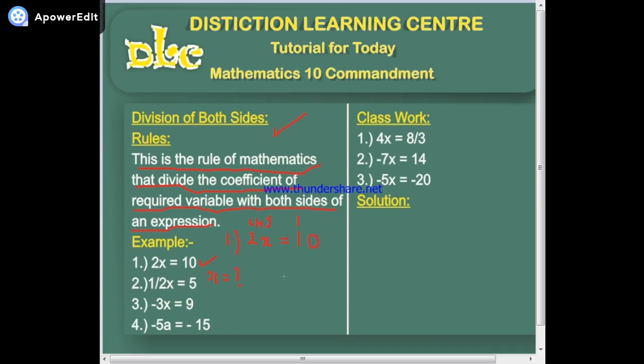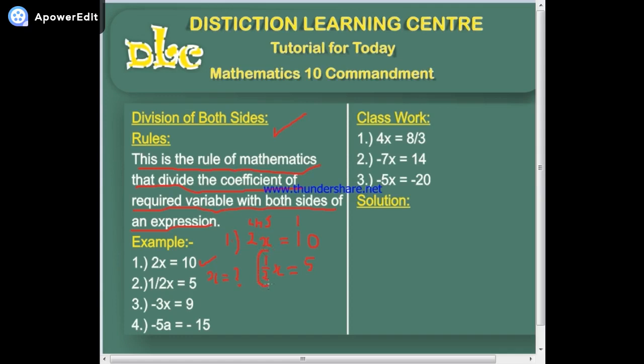The question is 1 all over 2x equal to 5. What is the coefficient of x here? It is 1 all over 2, because the number at the back of x is 1 over 2.